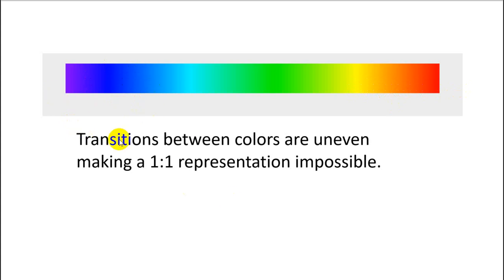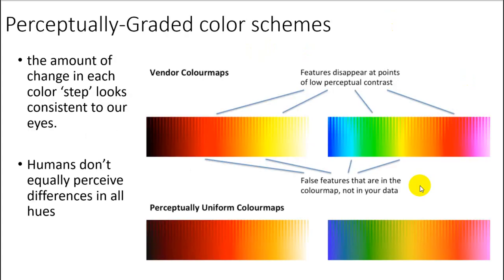So we don't have a one-to-one representation. If we were to cut this into bins and we're using it to map some kind of interval or ratio set of values, we don't have a one-to-one representation with the values along some kind of consistent scale. That's definitely a problem. So we don't have the same proportion of green as we do of yellow. Problem.